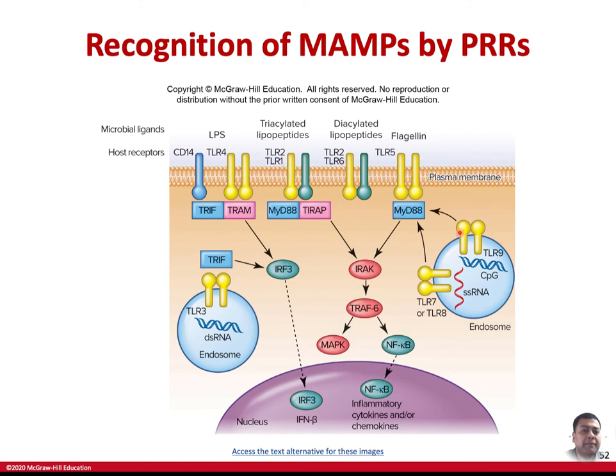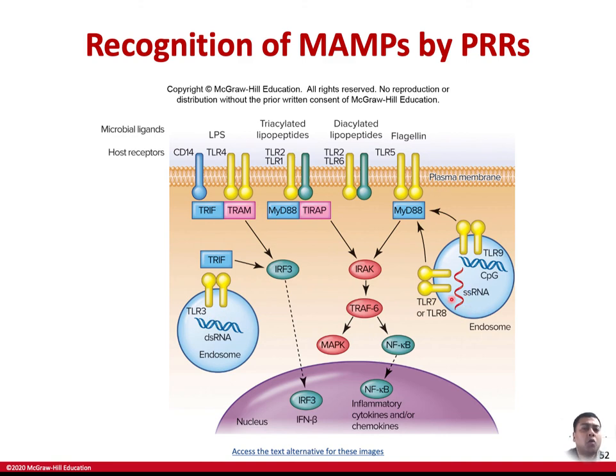Then there are TLR7 or 8 on the endosome, and TLR3 on the endosome. Upon binding to specific types of molecules, the MAMPs, it could be LPS lipopolysaccharide, triacylated lipopeptides, diacylated lipoproteins, flagellin, which is present in the flagella of the bacteria. Also, the different types of RNAs, double-stranded RNAs, which are mainly from viruses, or single-stranded RNAs.